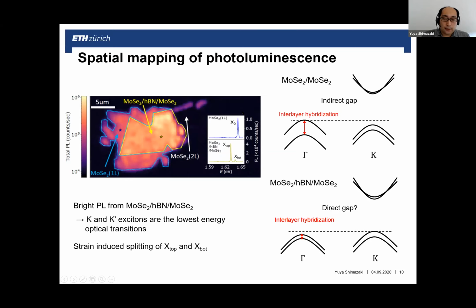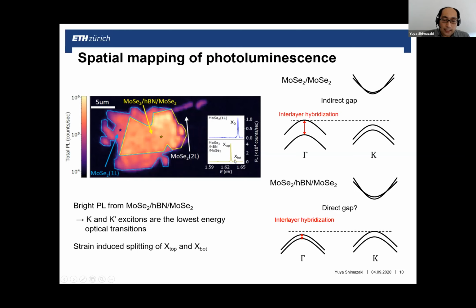Here on this inset, we show the actual photoluminescence spectrum. This blue line is for the monolayer molybdenum diselenide, and we see exciton photoluminescence. And if we look at the molybdenum diselenide bilayer separated by the boron nitride barrier, we see two distinct photoluminescence signals, which we attribute to the top layer exciton luminescence and the bottom layer exciton luminescence.